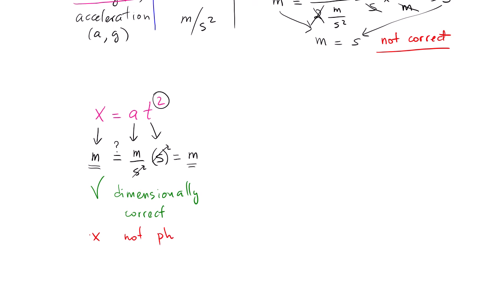In reality, a physically correct expression would be x, for example, equals 1/2 at squared. This fraction of 1/2 has no dimensions. It is an exact dimensionless number. So unit analysis cannot tell you if an equation is physically correct, only whether or not it is dimensionally consistent.